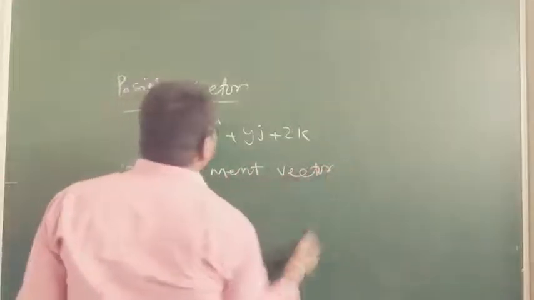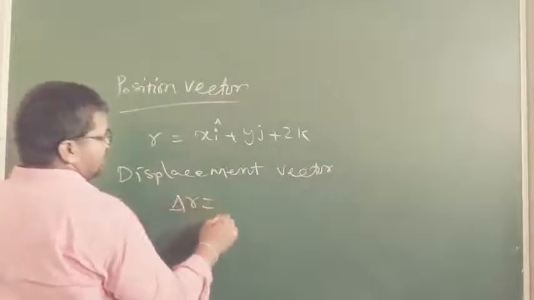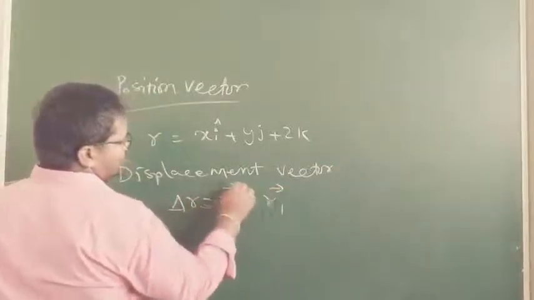Then coming to the displacement vector, the change in position. Delta r is equal to r2 minus r1.